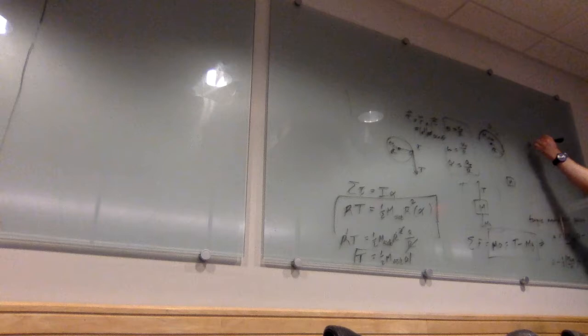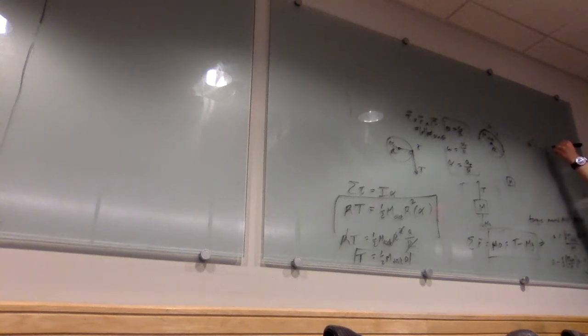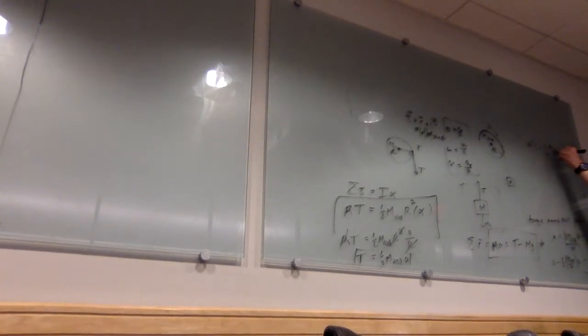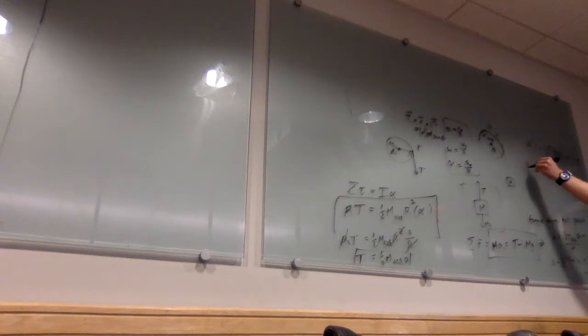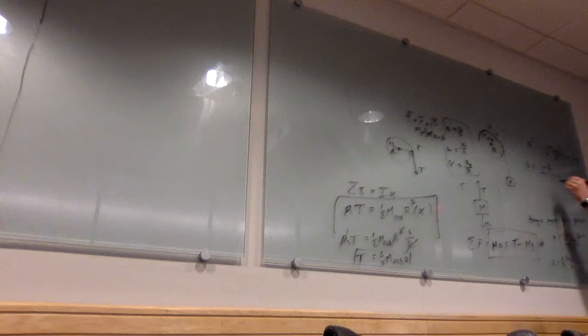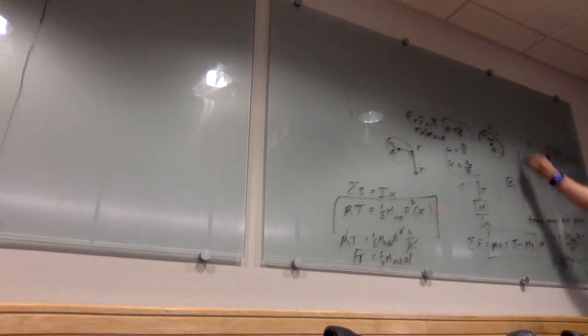It's kind of weird, and now I want to isolate a. So I give a 1 minus 1/2 m disk over m, right, is minus g, right? So I just factored out a. And then I want to solve for a, so a is minus g over 1 minus 1/2 m disk over m.